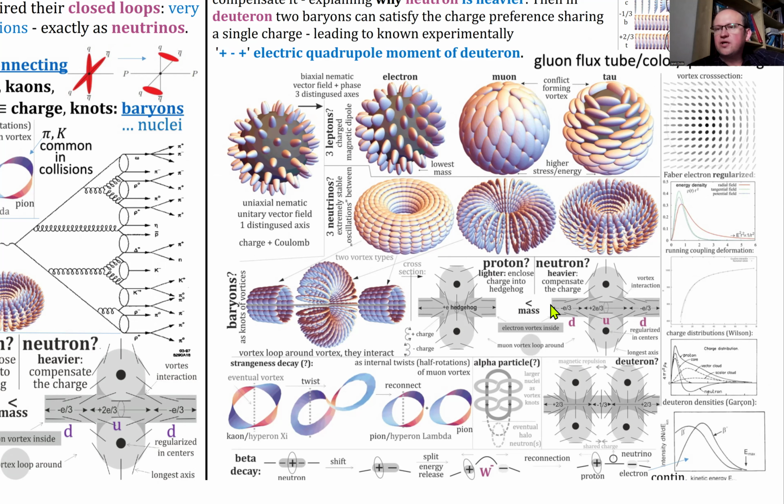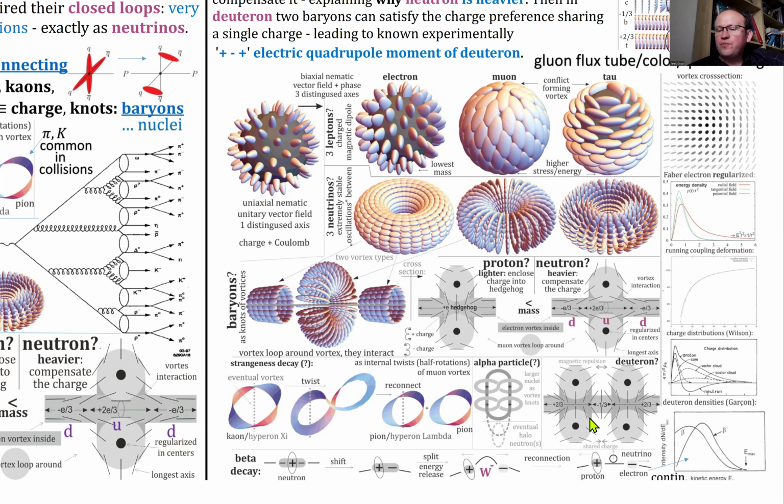Yes, these are some additional high energy structures. Also, it is known that a neutron has a positive core and a negative shell. Here is some distribution from Wilson. For proton it is only positive. For neutron it is positive core, negative shell. Therefore, for deuteron, it is known that it has an electric quadrupole moment. So it should be plus minus plus, and we exactly get it.